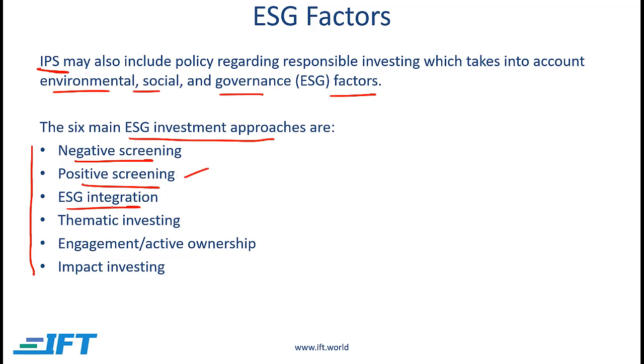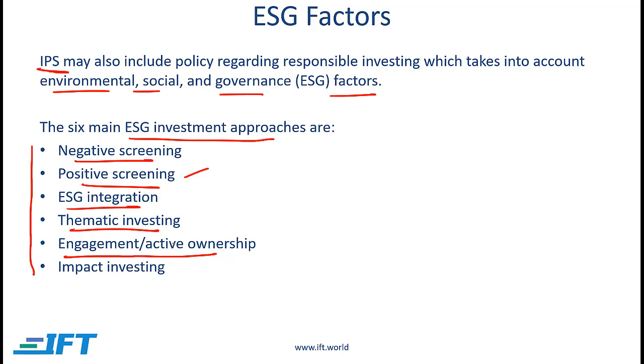Then we have ESG integration. This refers to the practice of including material ESG factors in the investment process. Next is thematic investing. This strategy picks investments based on a theme or a single factor such as energy efficiency or climate change. The next point is related to engagement or active ownership.